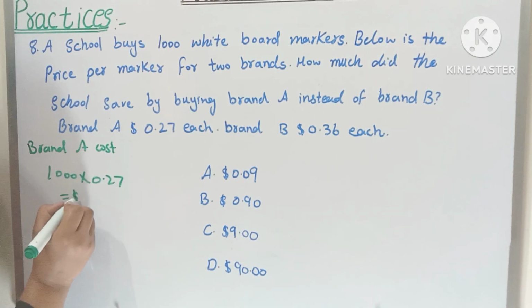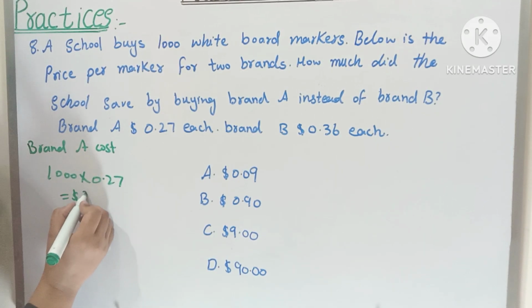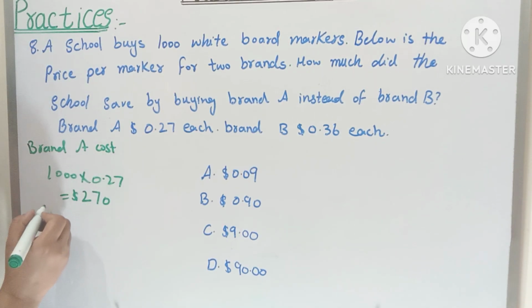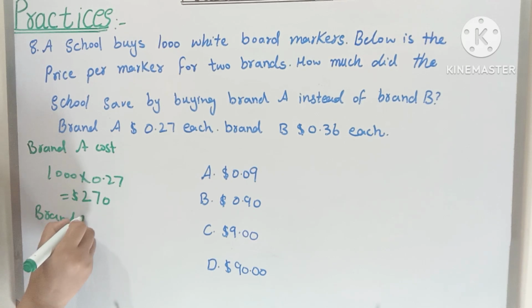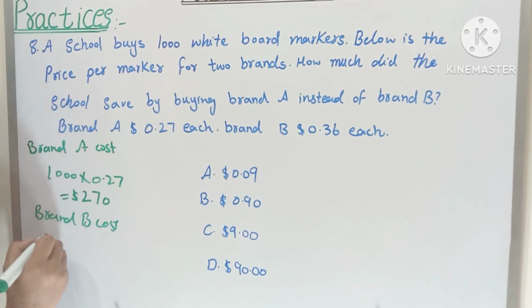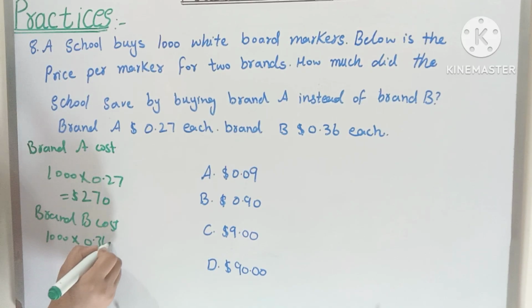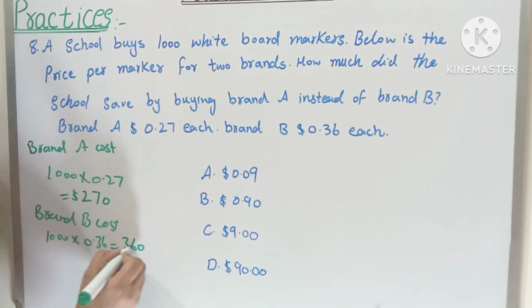My answer is $270. Brand B cost: 1000 multiplied by 0.36, $360.